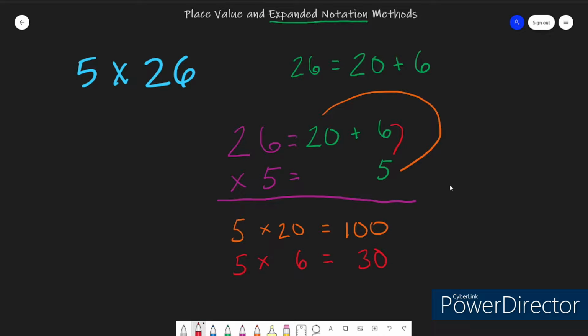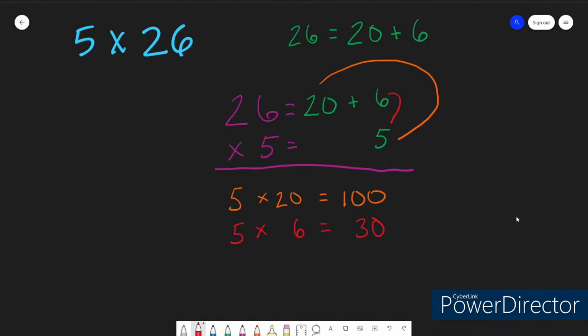And then adding these two numbers together will give us the 130 that we've seen in the previous question with place value. And that is how we use the expanded notation method as one of our abilities to multiply two-digit and one-digit numbers. So let's move on to our check for understanding for this video.